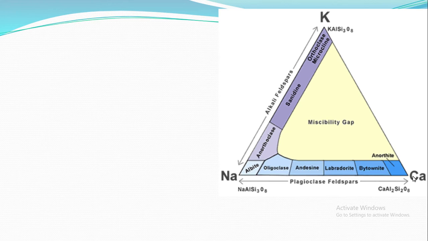For calcium, if you go here, the calcium will be 0 here, 10 here, 30, 50, 70, 90, 100. Now sodium, it will be 100 here, then 90, 70, 50, 30, 10, and here sodium will be 0. You got it?